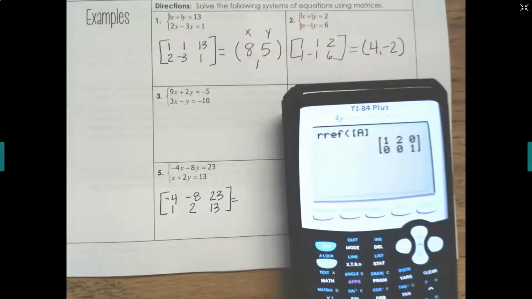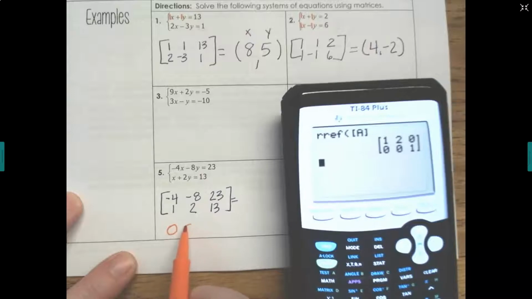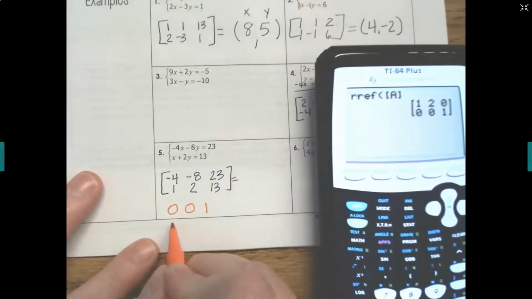All right, this looks like the answer 0, 1. The point 0, 1 would be our answer, but you need to be very cautious when we're using our matrices. If this bottom row on your answer is 0, 0, 1, what that is saying is 0 plus 0 equals 1.